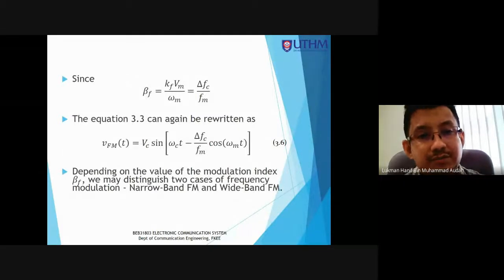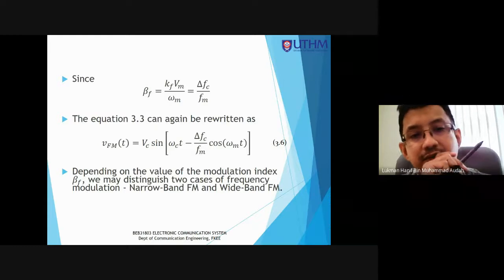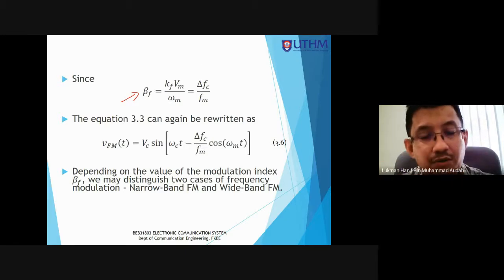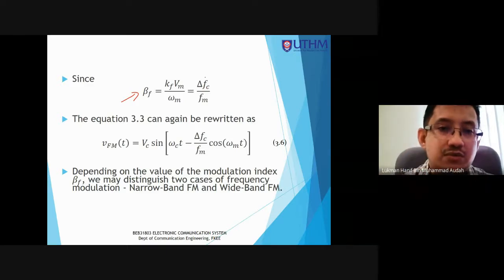And then what? Okay, so this is beta f. We have seen about this. Beta f is equal to kf Vm over omega m, or you can write it as delta fc over fm. So this is actually kf Vm.